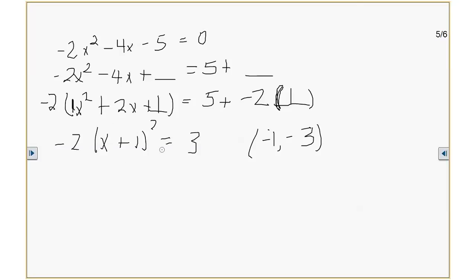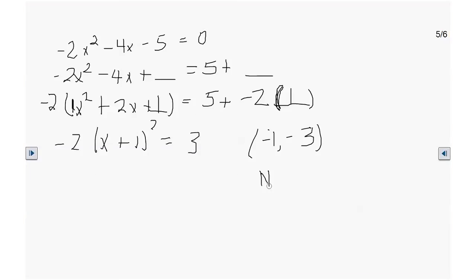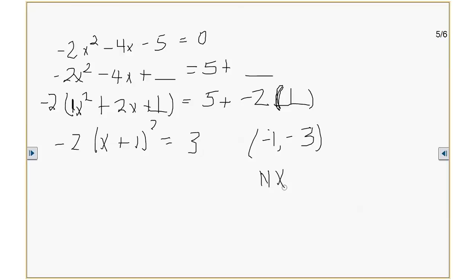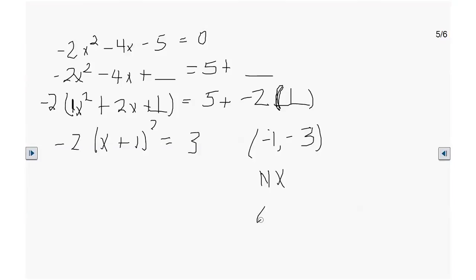Okay, what if this was a -3? Would you have x-intercepts? Yes, you would. But you don't have x-intercepts, so I'm gonna put no x-intercepts. And then my y-intercept is 0, -5.